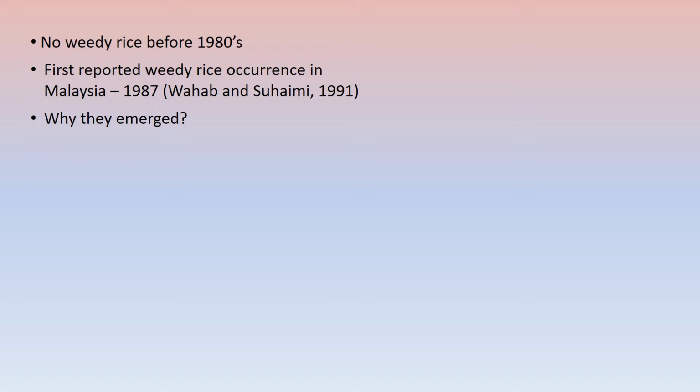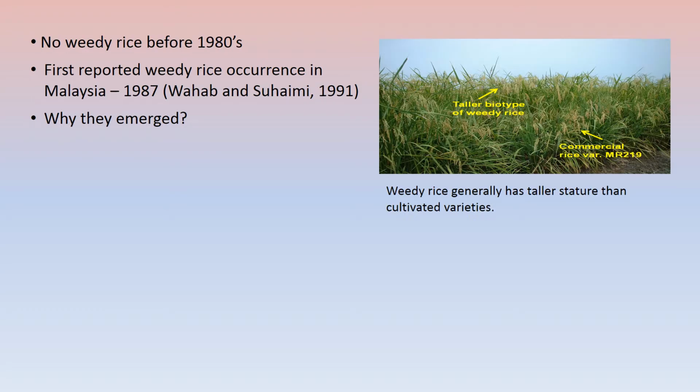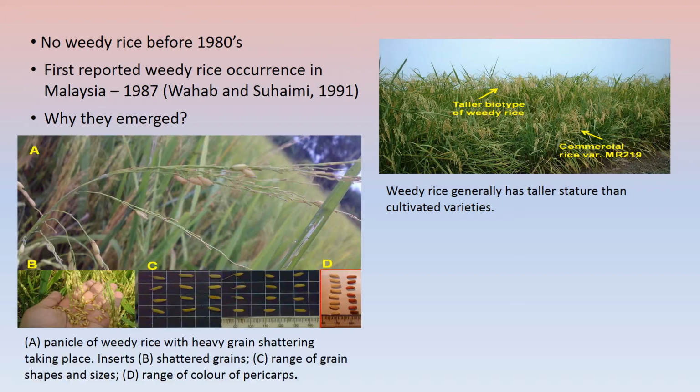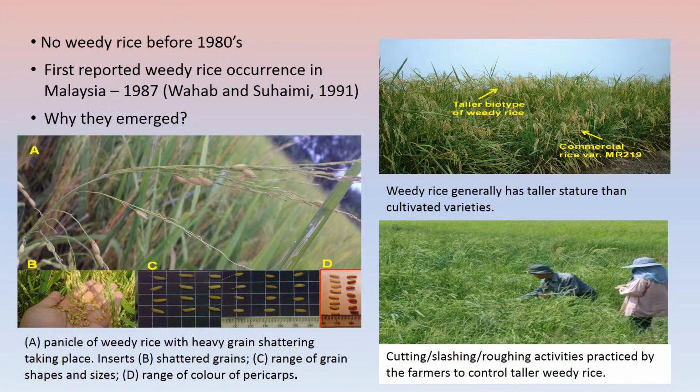In general, weedy rice has taller stature than cultivated varieties and only can be differentiated at maturing stage. The most effective control of weedy rice is by roguing, where the weedy rice was removed prior to seed maturity. This practice is very laborious and time-consuming.